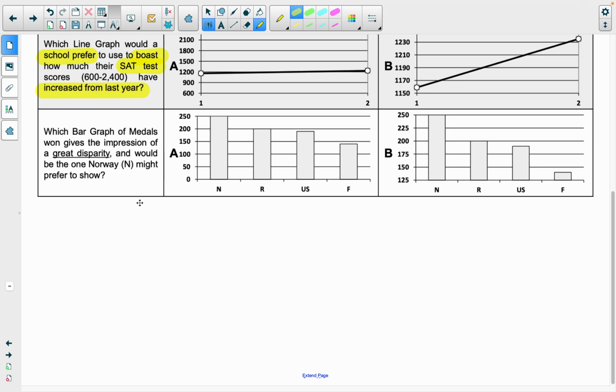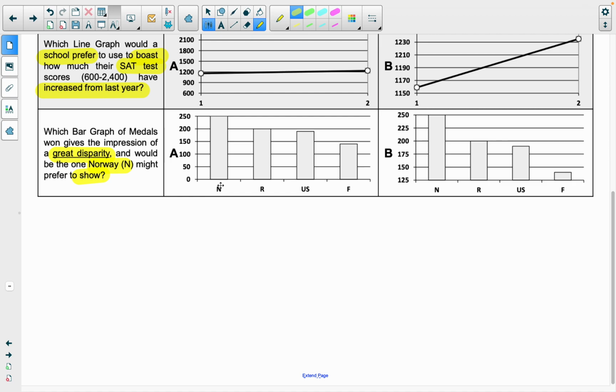The last one on this page, which bar graph of metals 1 gives the impression of a great disparity and would be the one that Norway might prefer to show as far as metals?